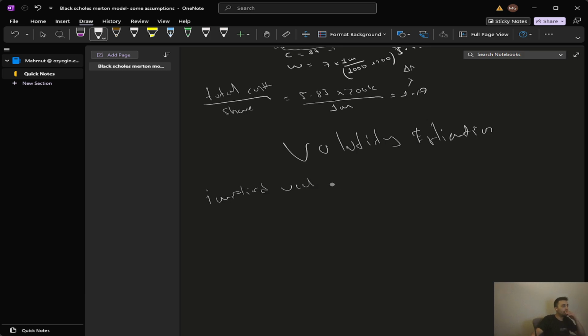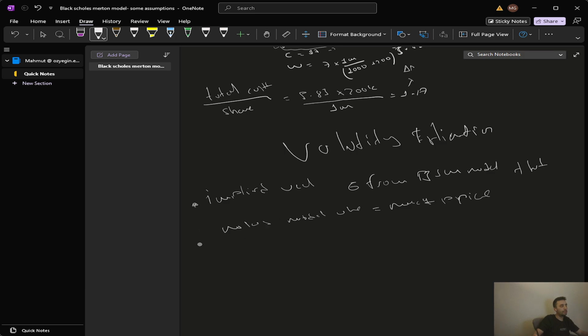Implied volatility is the volatility of the return on the underlying stock, sigma, that makes the model value equal to the market price.